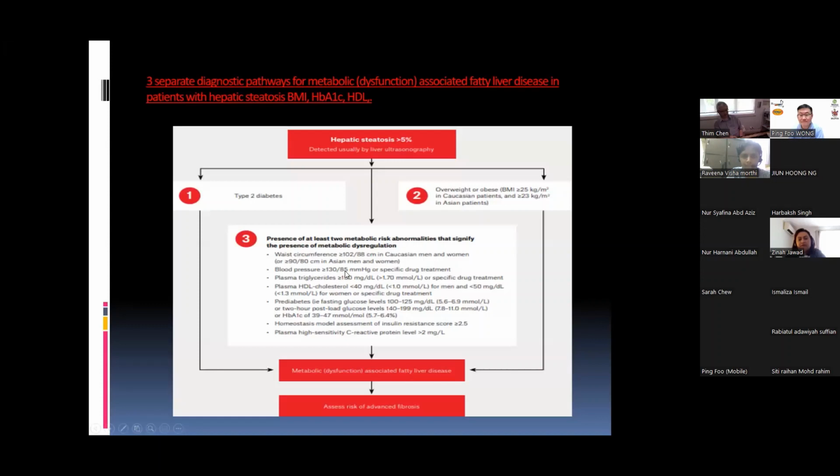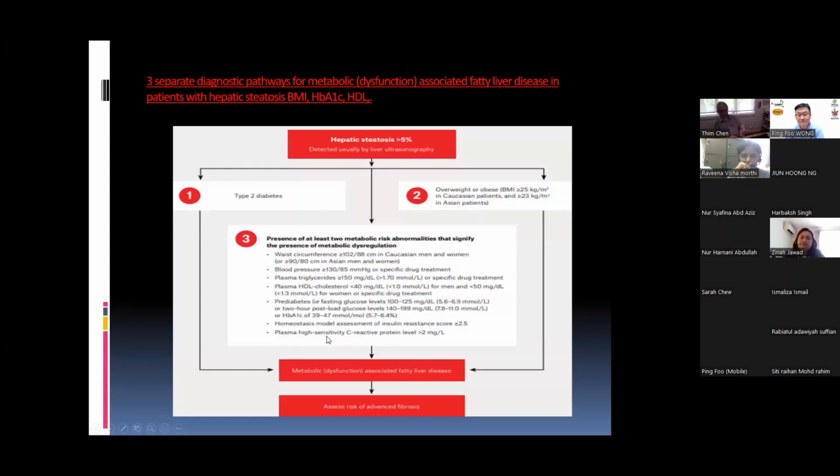Blood pressure more than 130/85, which is like stage 1 hypertension, which I talked about in the first lecture. Triglycerides are also used as well. HDL is less than 1 in males, and less than 1.3 in females. And this is hardly used. It's called HOMA, homeostasis model assessment of insulin resistance.